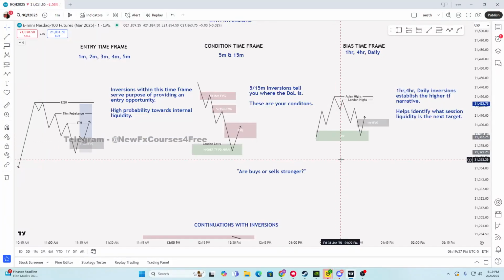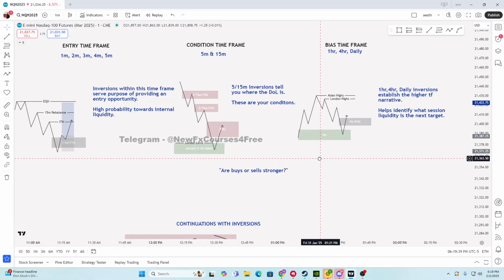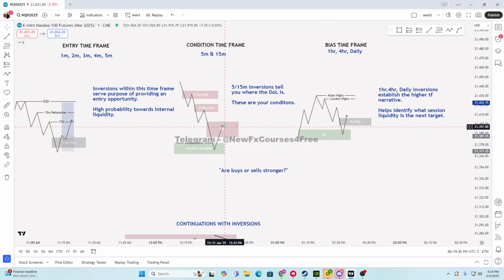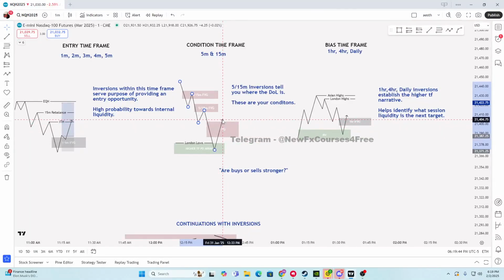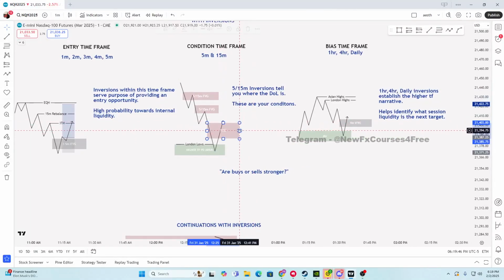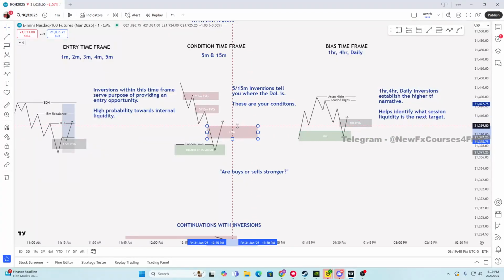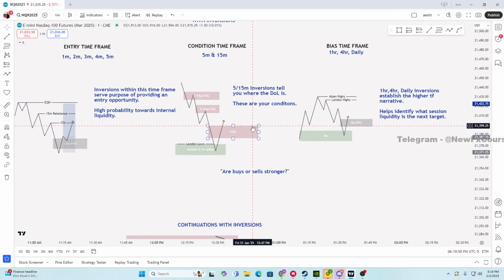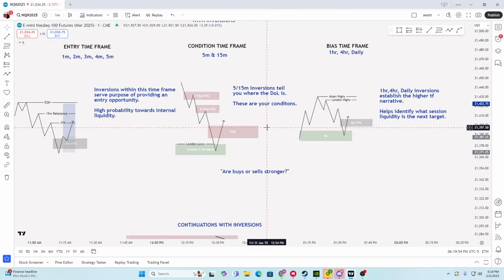Would you want to try to elaborate on that, Blake? It will determine our bias, typically using daily profiles or something, right? If we're expecting a New York reversal towards London highs, if London highs get taken and we don't get an entry, then unfortunately the objective has been met unless we catch a reversal from there. But your objective is typically that external liquidity, right?